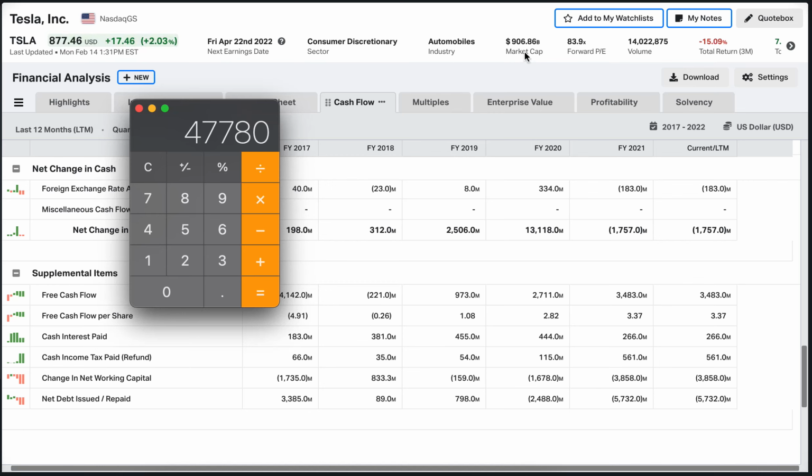And so we can divide the current market cap by this value, let's say 48. So let's do 906 and divide by 48, which is what we want.